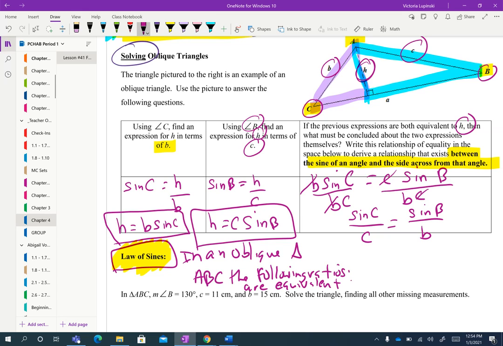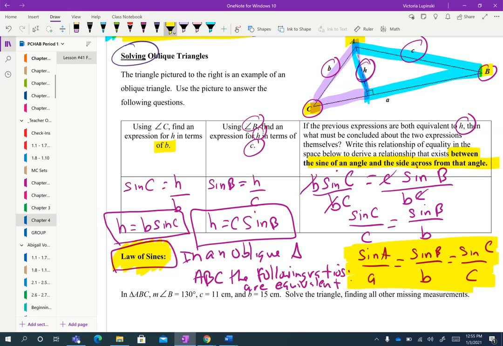So you can say that the sine of A over A is equal to the sine of B over B is equal to the sine of C over C, and that is the law of sines.